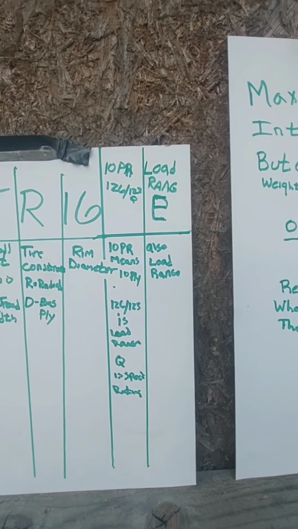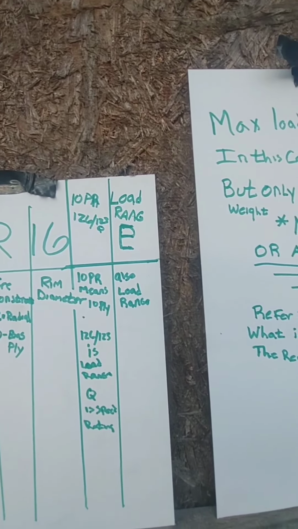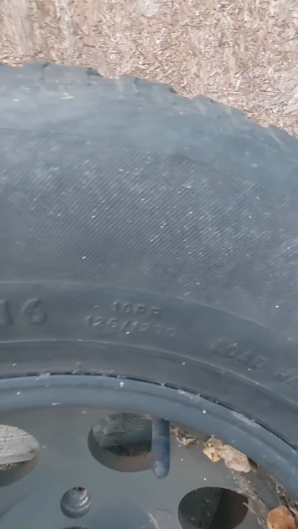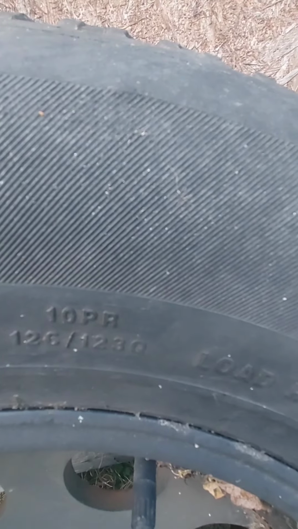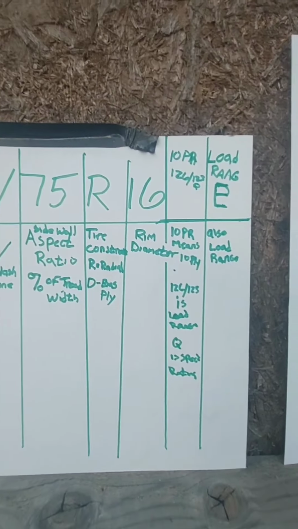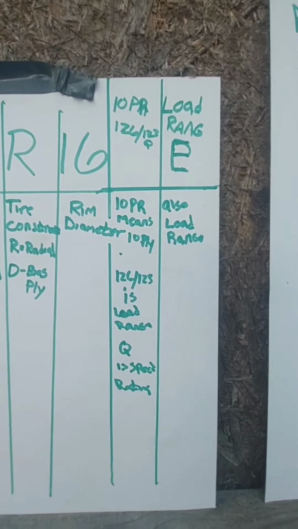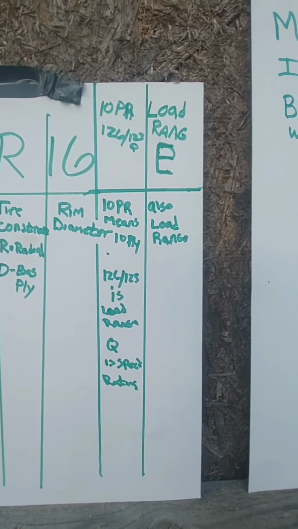The next little bunch of numbers are kind of confusing. So on this tire, we have your 285 75 R16. Then alongside of it, we have this 10 PR 126 123Q. That is your metric weight and speed rating. So your Q is actually your speed rating, and you can look up online what each letter means.